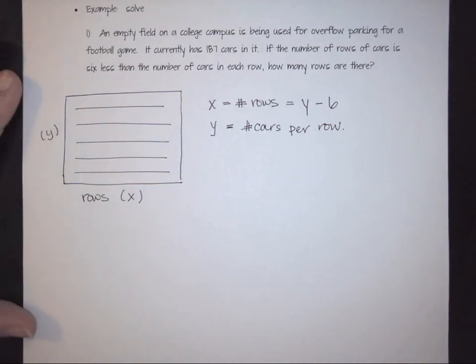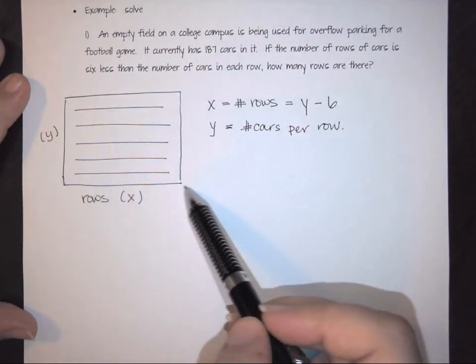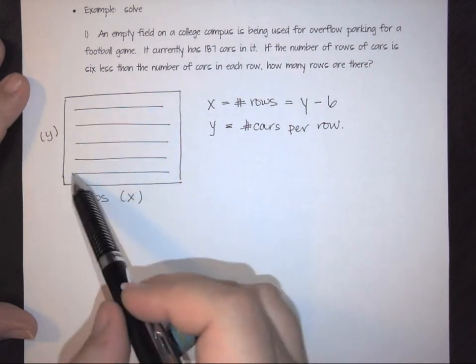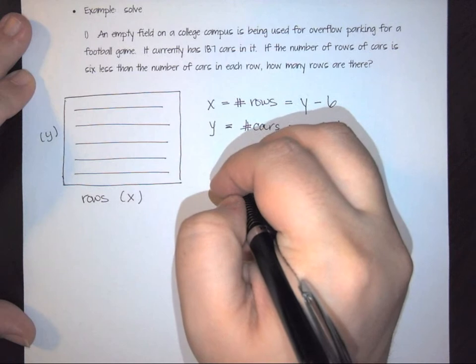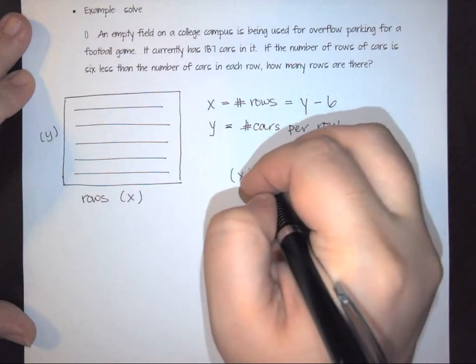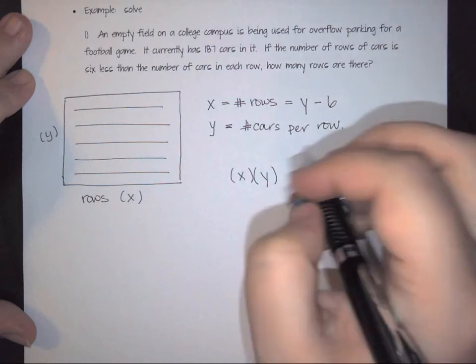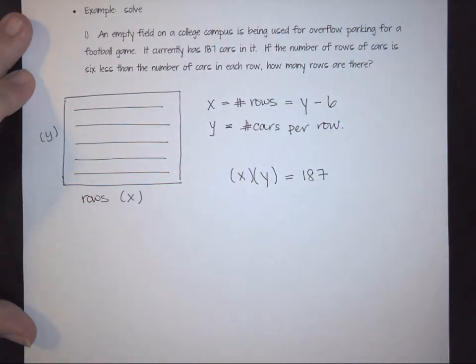So when we're looking at this, one of the things that we have to look at is the fact that our cars are blanketing our football field. They're covering it. Which means if we look at the number of rows times the number of cars per row at the current moment, that should come out to being 187.